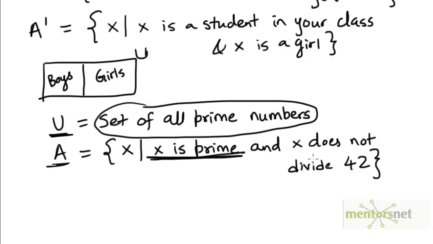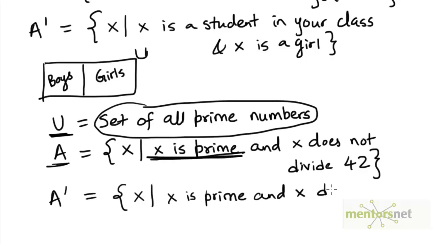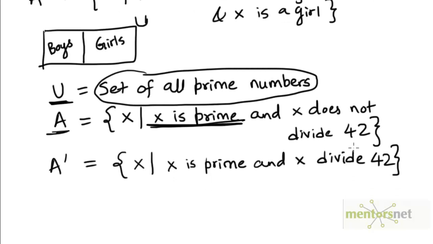numbers. So if A is the set of all prime numbers which do not divide 42, A complement would be the set of all prime numbers which do divide 42. So what are the prime factors of 42? 42 can be written as 2 times 3 times 7. So these three are the prime factors.